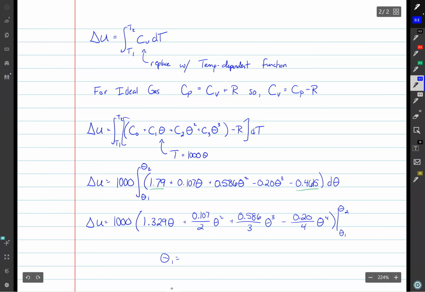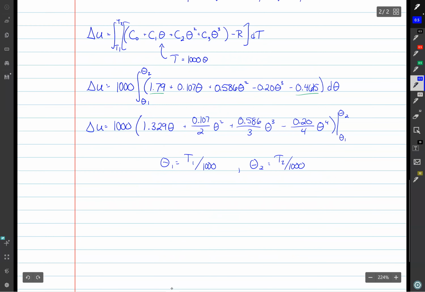Theta 1, right, this equals T1 divided by 1000. Theta 2 equals T2 divided by 1000. So we would be evaluating our integral from a value of theta 1, 0.773, and theta 2 is 0.573.